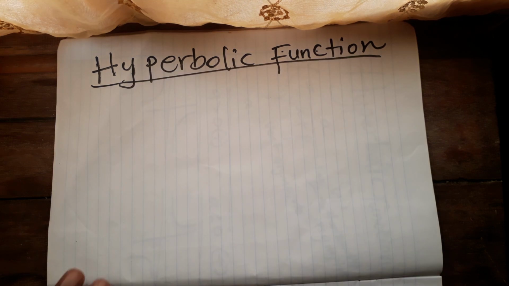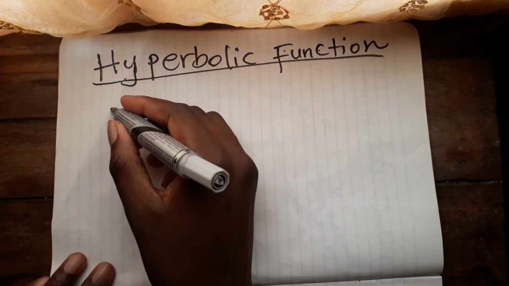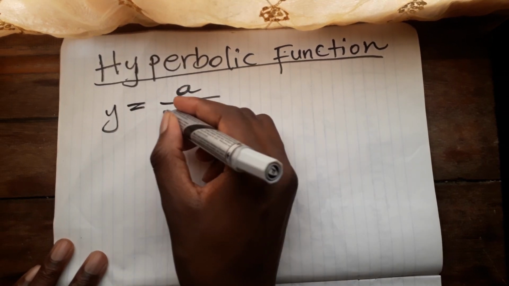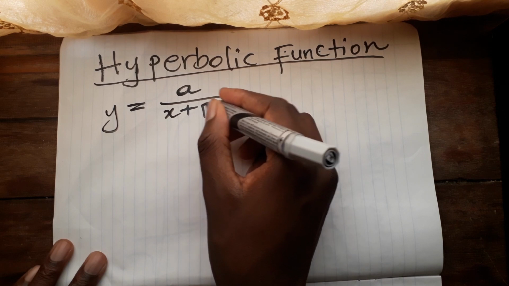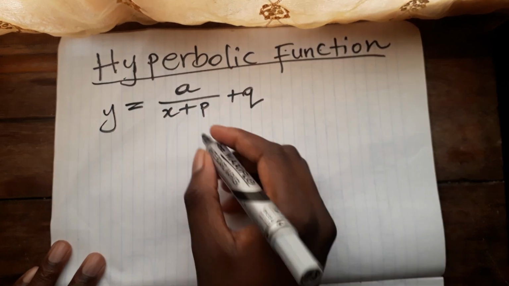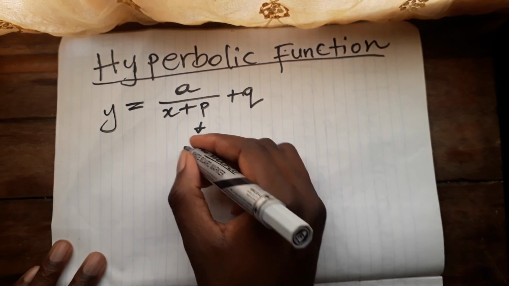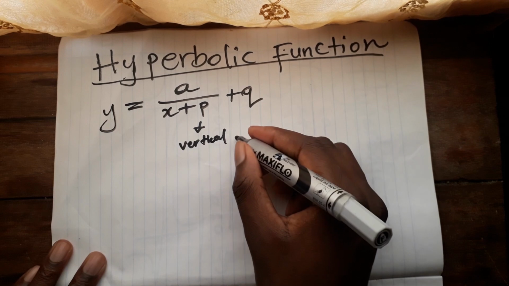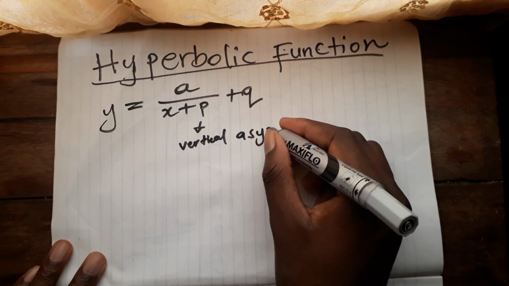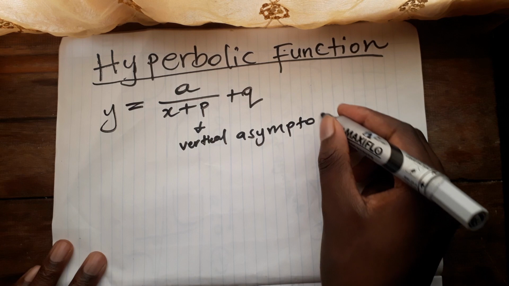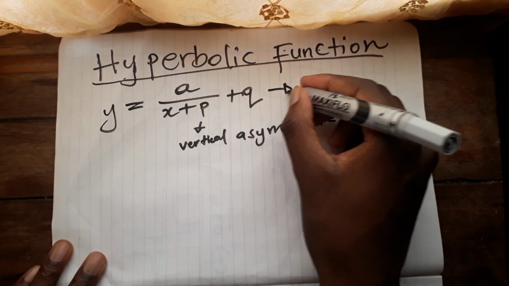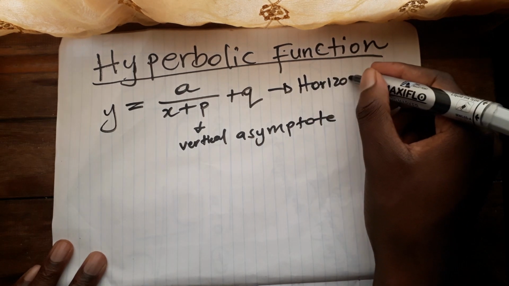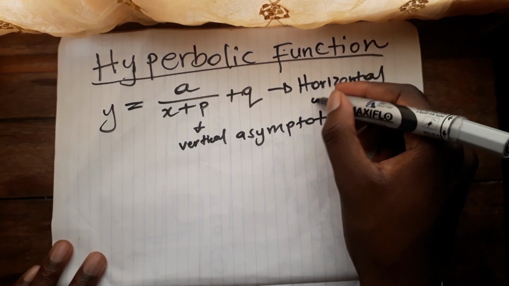A hyperbolic function is given by the equation y equals a divided by x plus p, plus q, where p represents the vertical asymptote, q represents the horizontal asymptote.